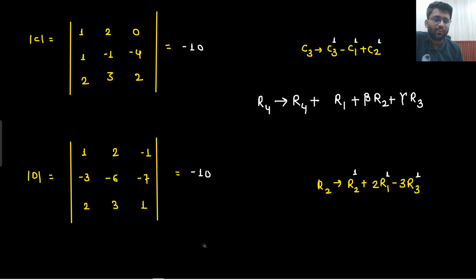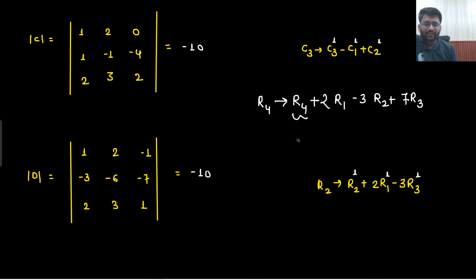Let's just say alpha is 2, beta is minus 3, and gamma is 7. But R4 remains as it is. R4 is being replaced with R4 plus 2R1 minus 3R2 plus 7R3. Is that understandable to you or not?